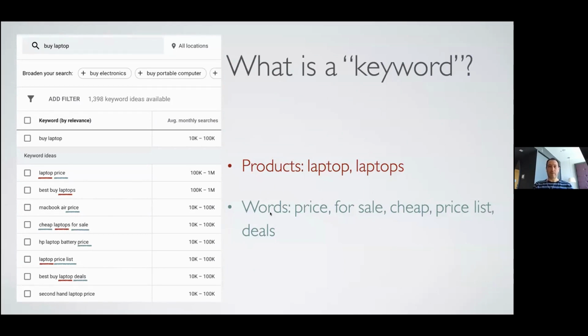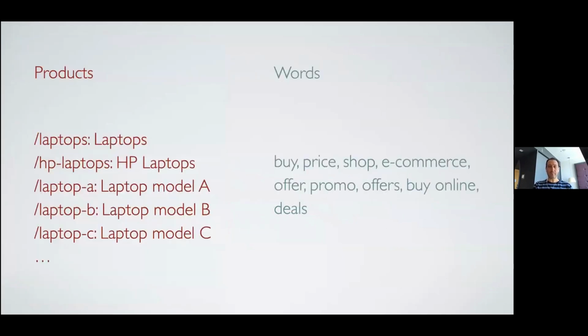And also it needs to contain a word. So price means probably someone who's interested in buying. It's a commercial transactional intent keyword. Price, for sale, cheap, also price here, price list, deals, and so on. So we select the ones that contain the product and the word that expresses the intention that we're trying to satisfy.